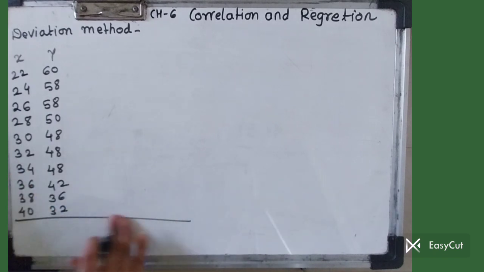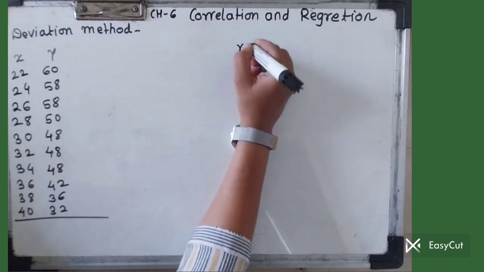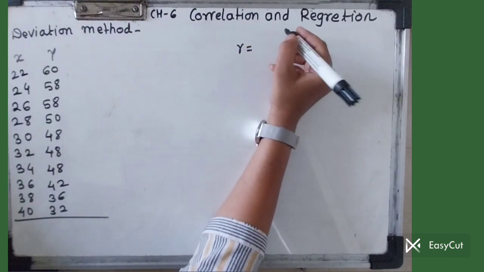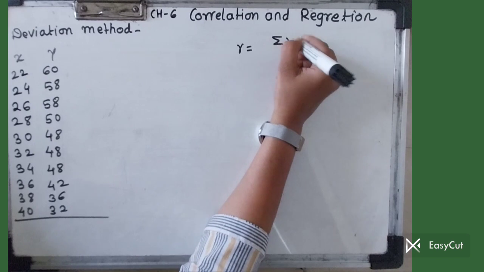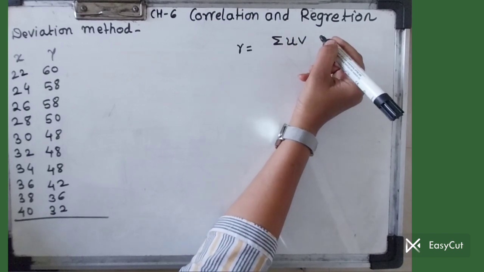X and y are given, and we are using deviation, so write the deviation formula here. What is the deviation formula? The same formula, just replace x and y by u and v.